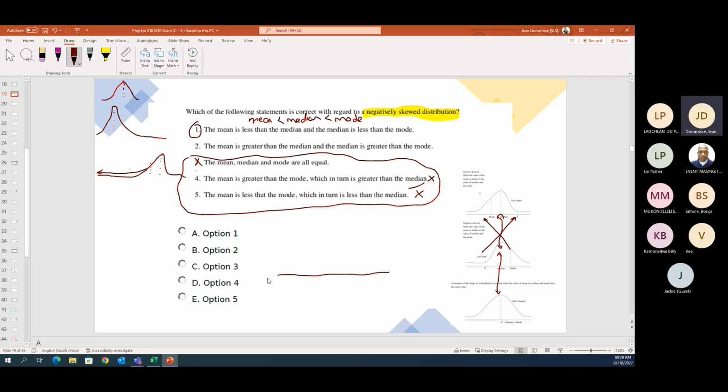So just look at it as what we did in study unit 6 or 7 nearly, when it was even a Z value, that it goes bigger to this side and it goes smaller to that side. So it's the same here, where your median is always in the middle.